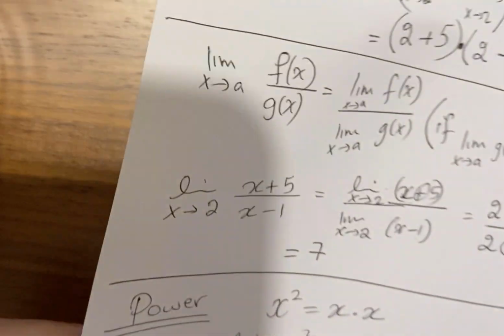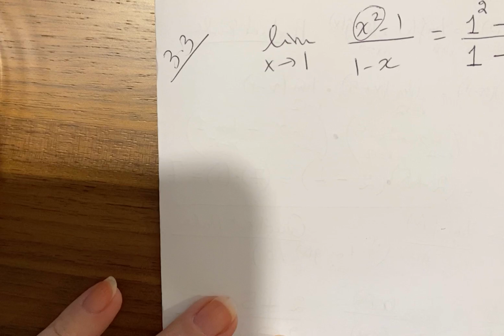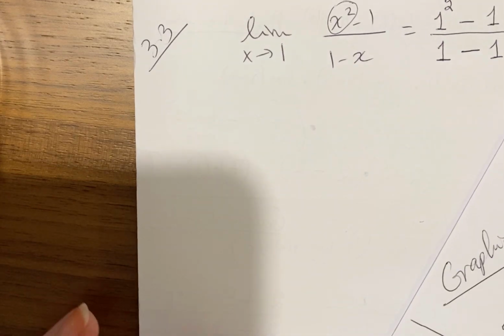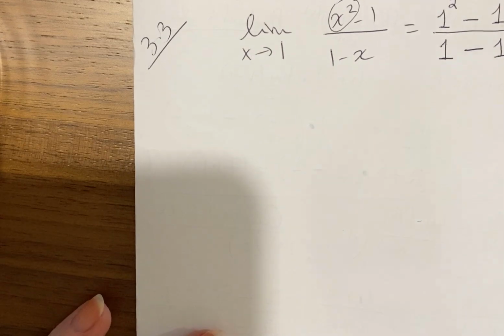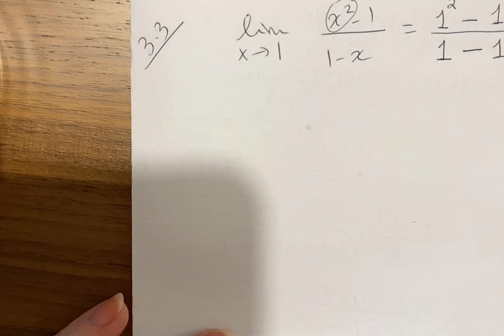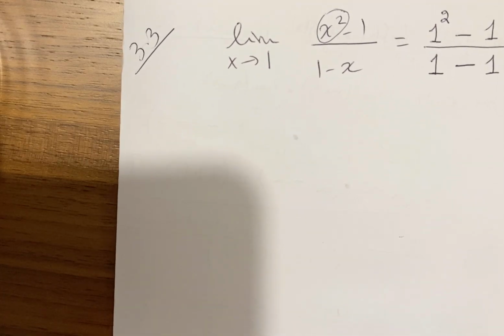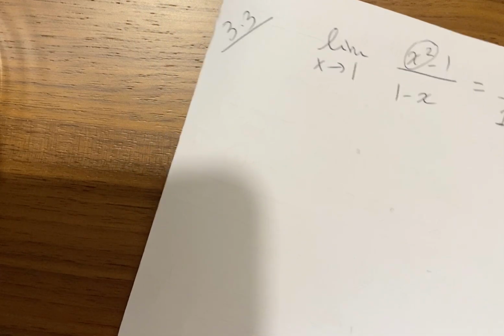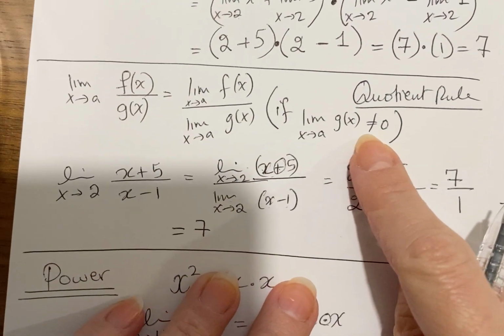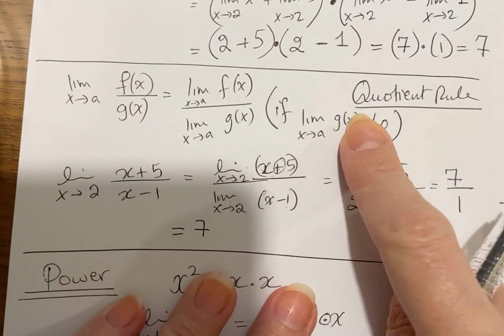Let me show you. It's not a contradiction to what we have learned, because if you remember, when I was talking about the quotient rule, what was something I mentioned that you should take care of? A very important thing I mentioned was that if you want to use the quotient rule, the denominator cannot be 0.